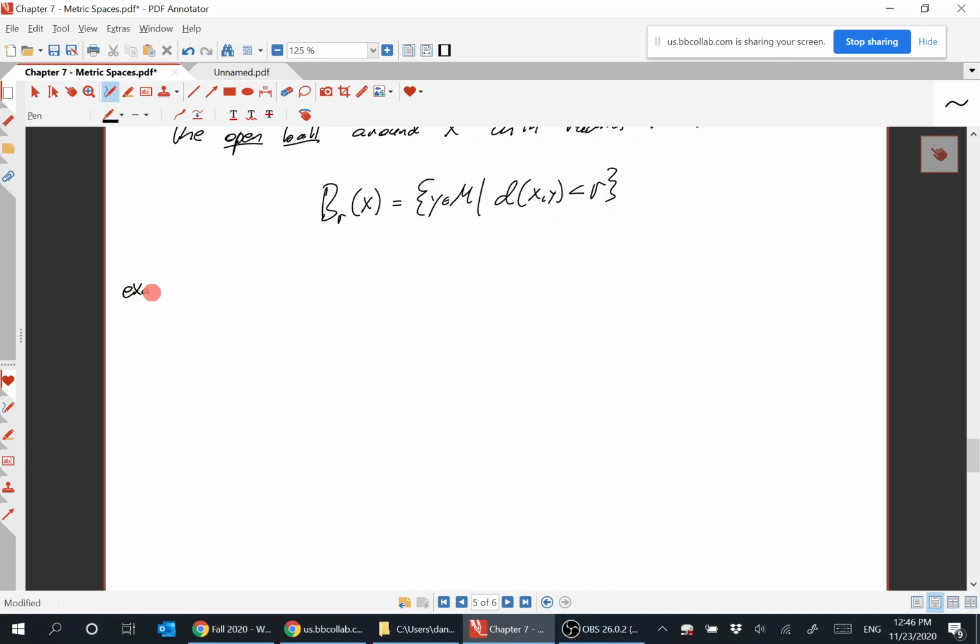So, for example, consider the metric space which is just the real numbers, where the distance from x to y is just the absolute value of x minus y.